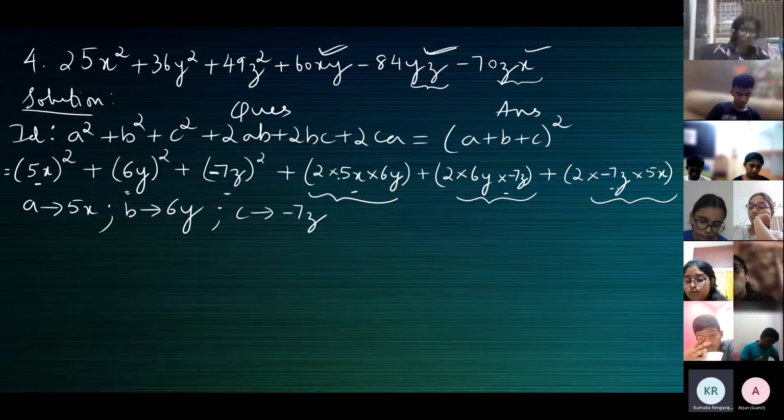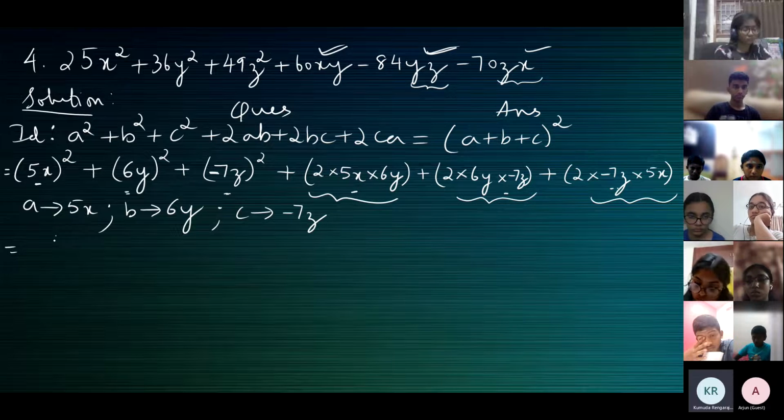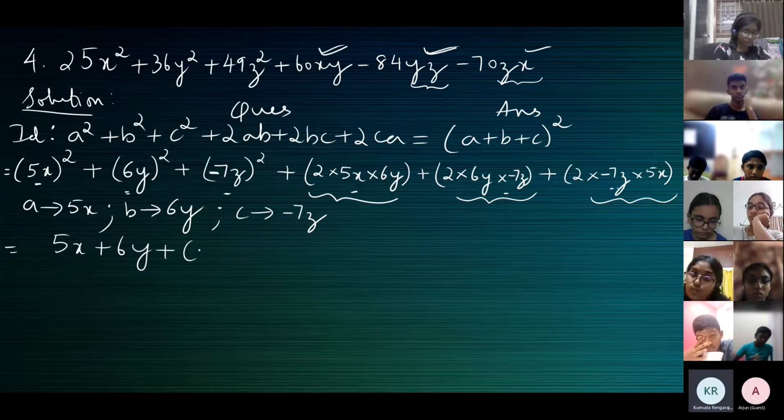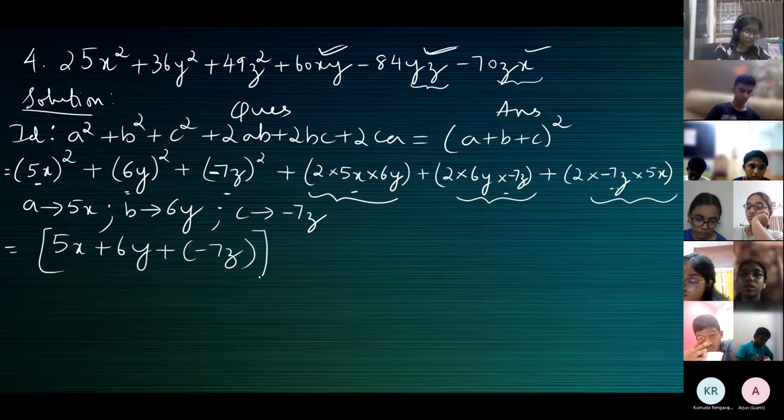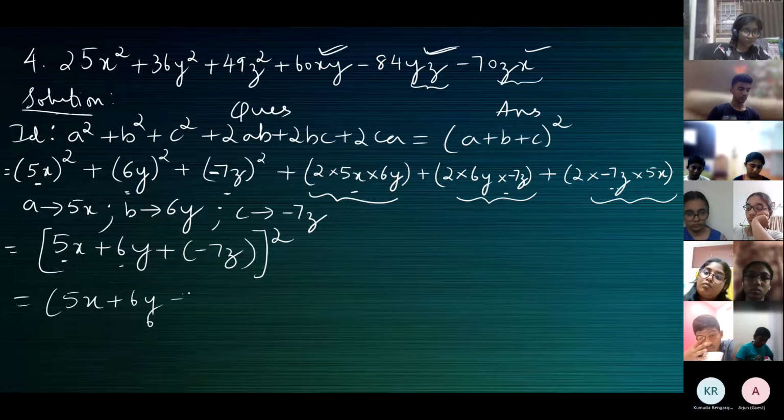And we identified a, b, and c. Now what's the answer? a plus b plus c the whole square. So that's nothing but 5x plus 6y minus 7z the whole square.